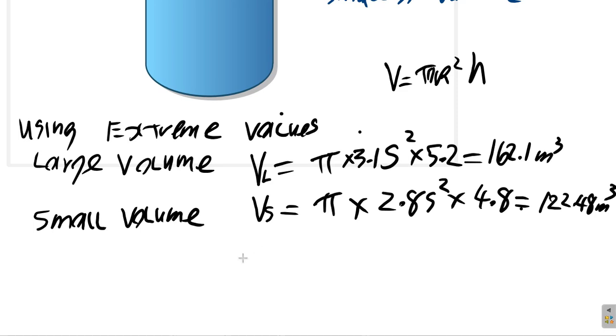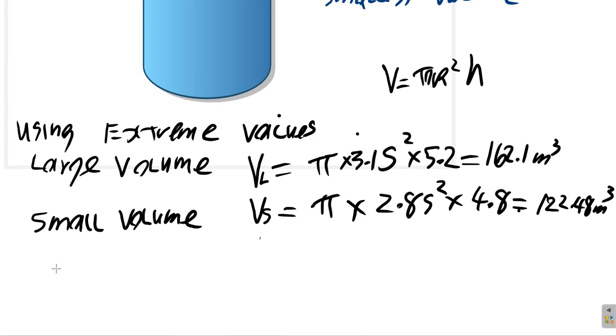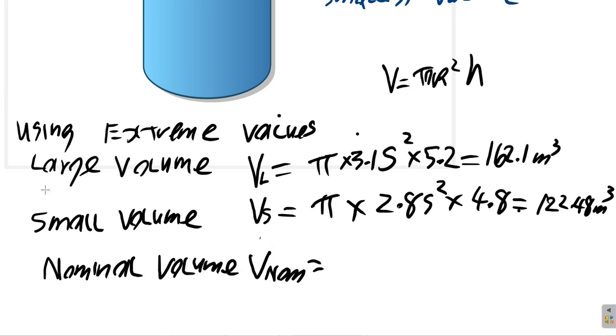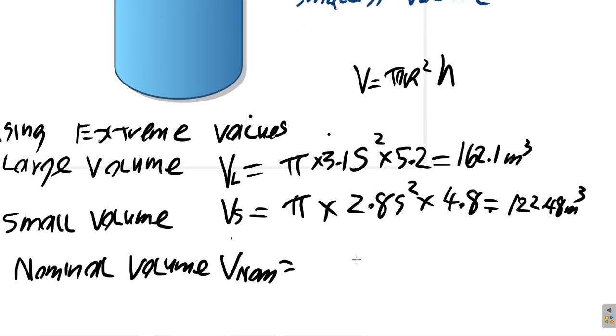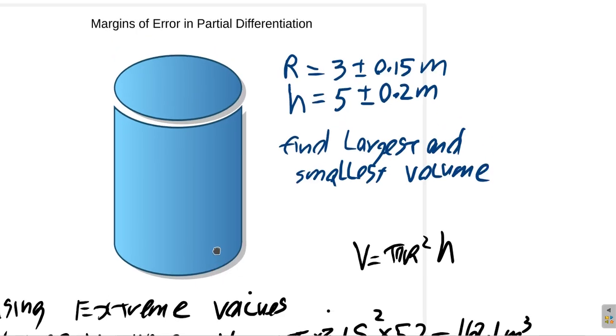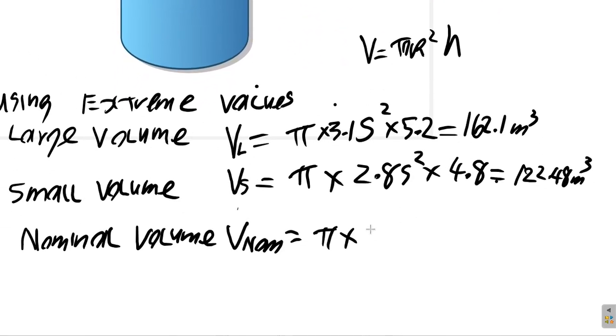Here now, what is the nominal value? The nominal volume, let's call it V nominal. The volume that is neglecting any error would be pi times r squared, 3 squared, times 5, which is pi multiplied by 9 multiplied by 5, would be 141.37 meter cube.